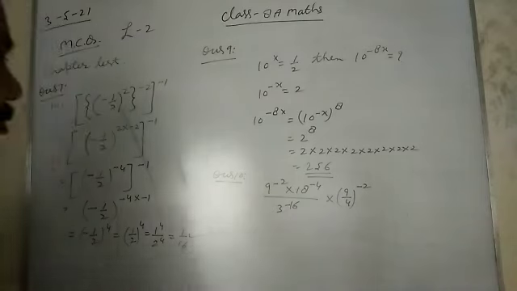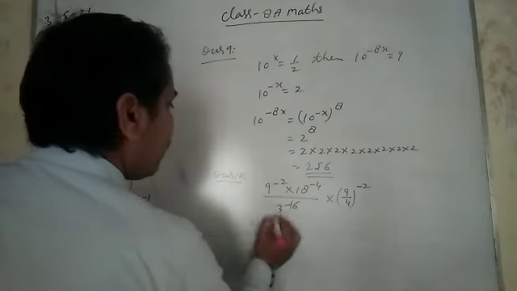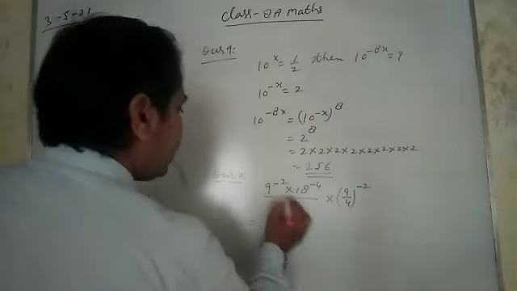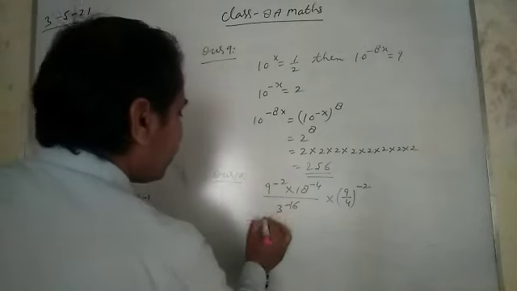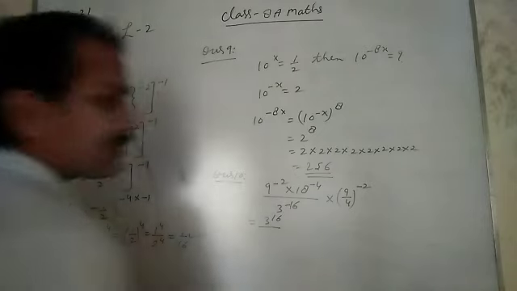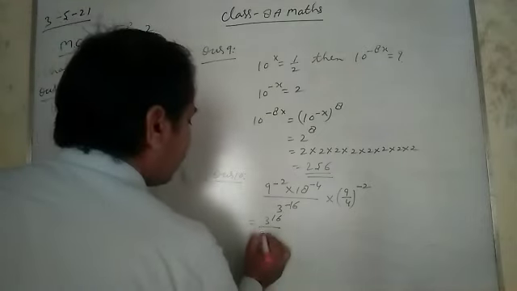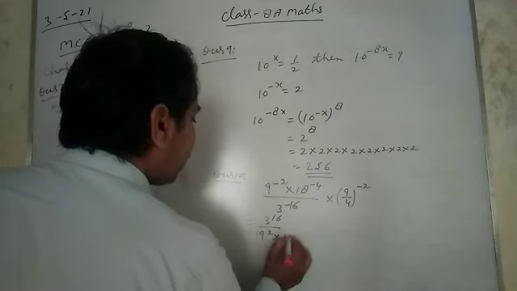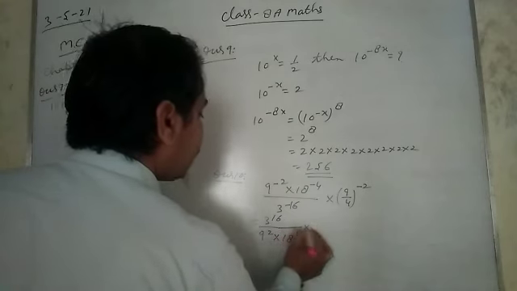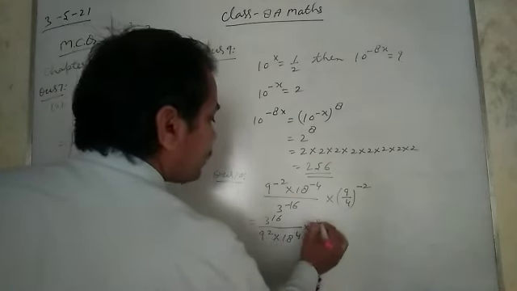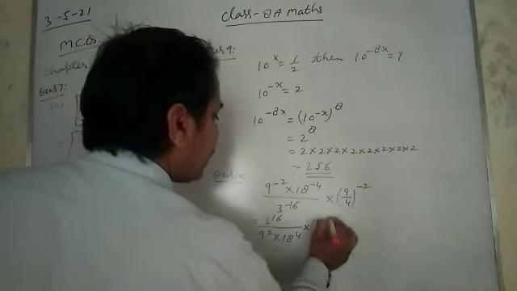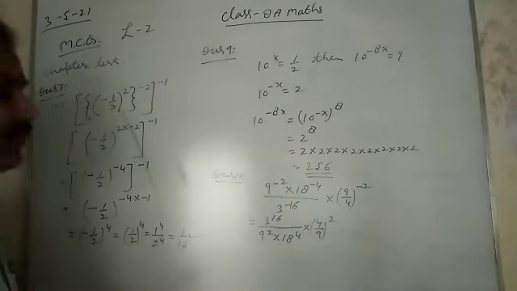Okay, so simplify it. Negative power: send it across. So 3 power minus 16, send it to the numerator, then it will be positive. And this 9 power 2 and 18 power 4, negative, so write their reciprocal. 4 upon 9 power 2.